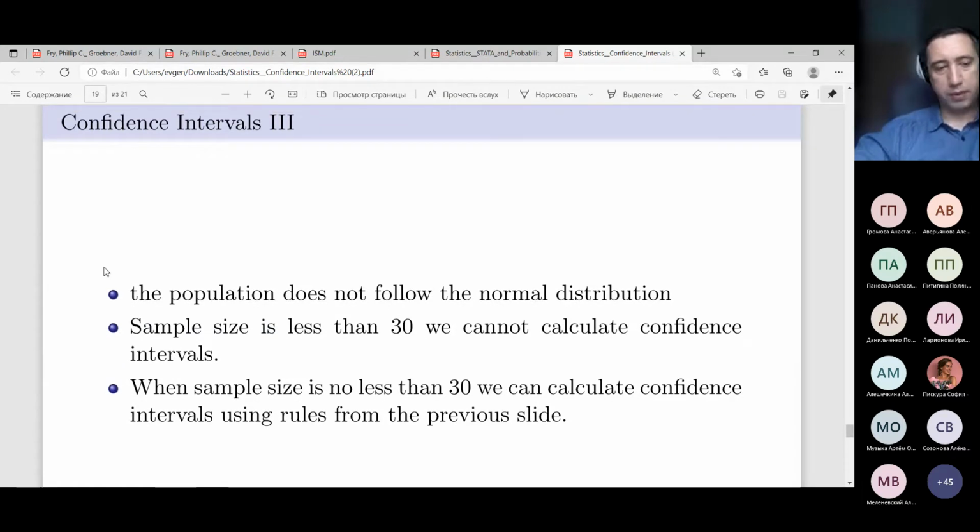Next, what you have to take into consideration when you work with a confidence interval. First, be careful if the population doesn't follow the normal distribution. In this case, your confidence interval cannot tell you a true story. But if your sample size is greater than 30, we can calculate the confidence interval and we shouldn't care about distribution.